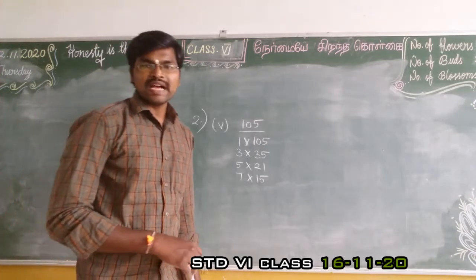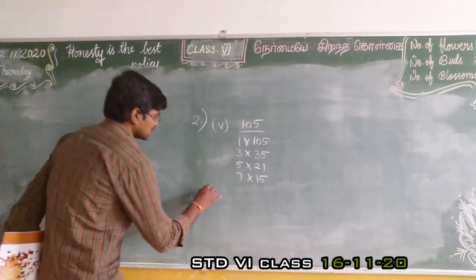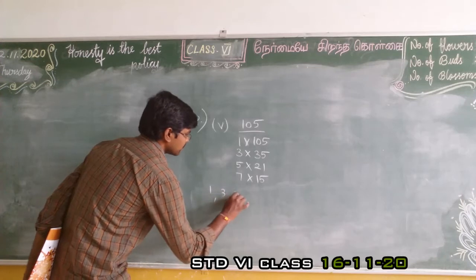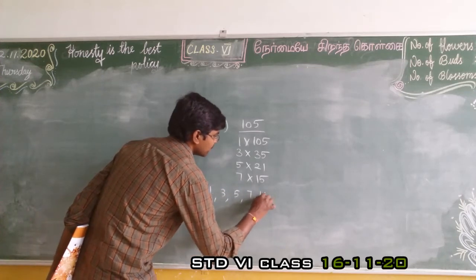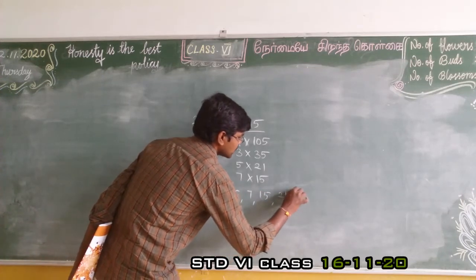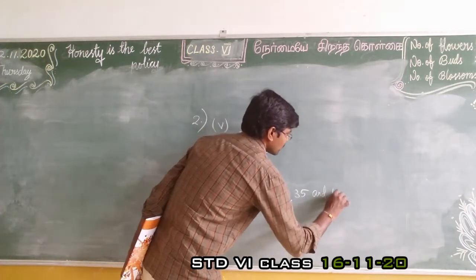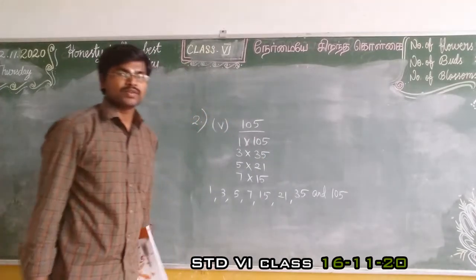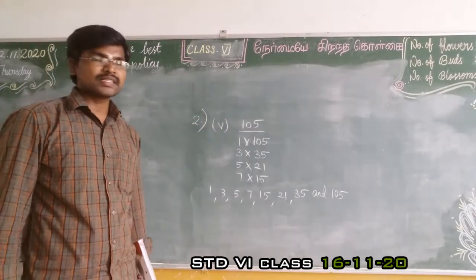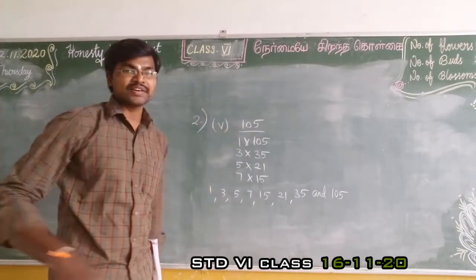So totally we have factors 1, 3, 5, 7, 15, 21, 35 and 105. So these are the factors of 105.